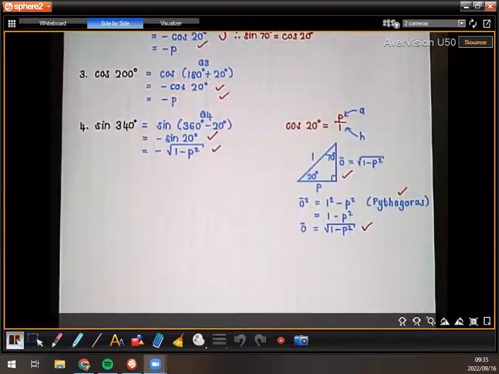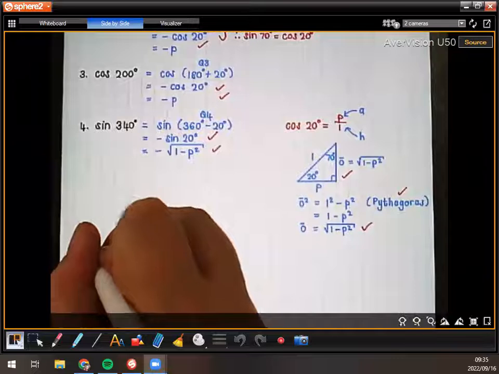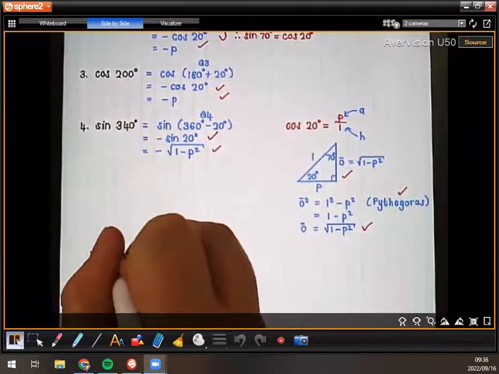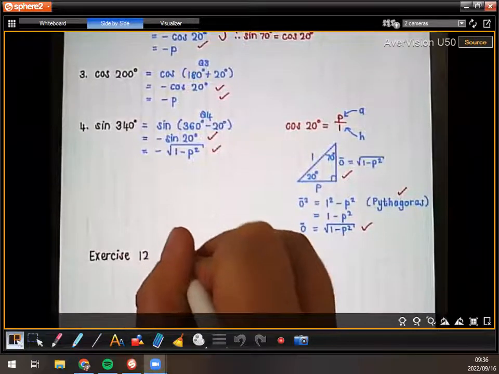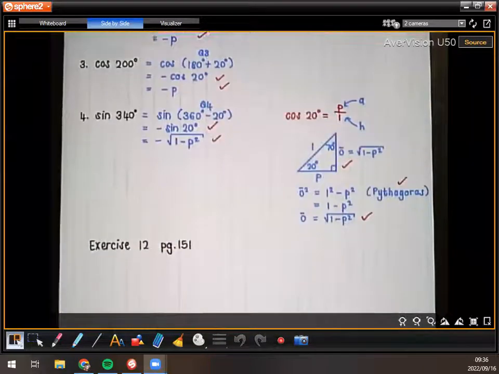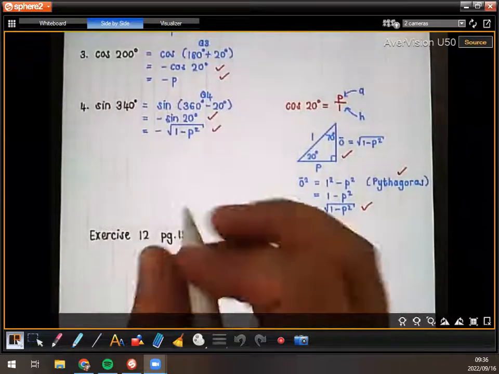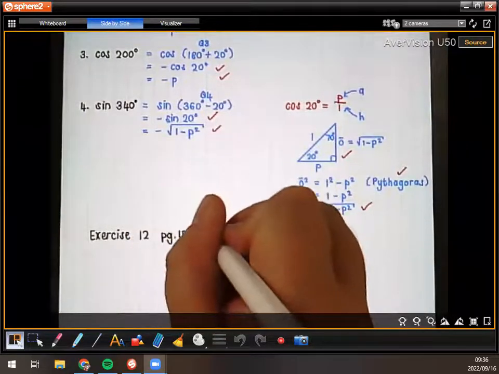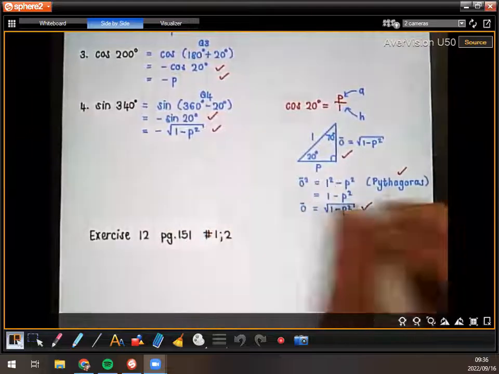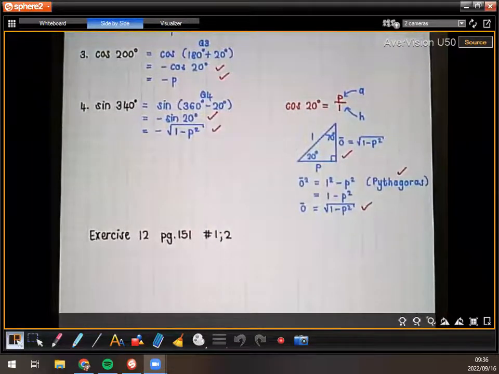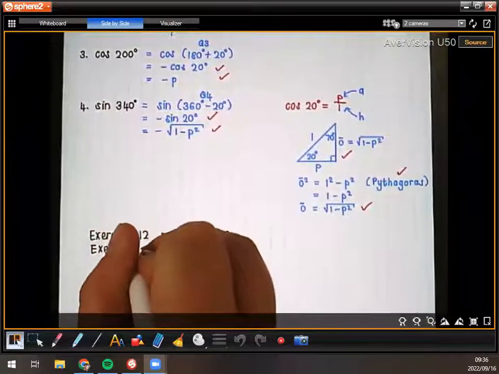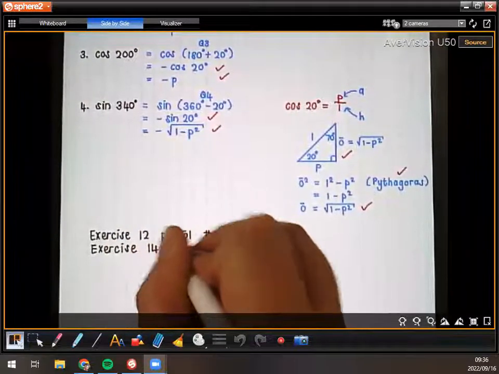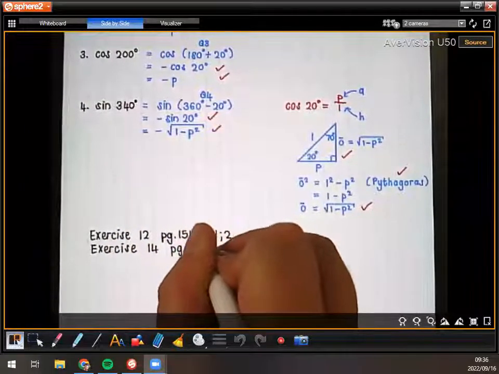All right, classwork turning into homework if you don't finish it. Exercise 12 on page 151, I would like you to do numbers 1 and 2. So these are questions like the one that we just did, the triangle, and then a few more of those correlations questions.